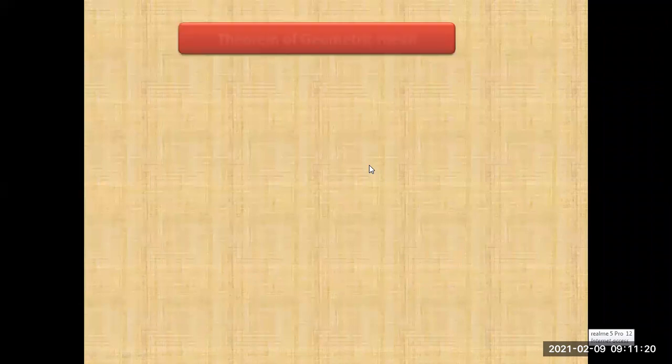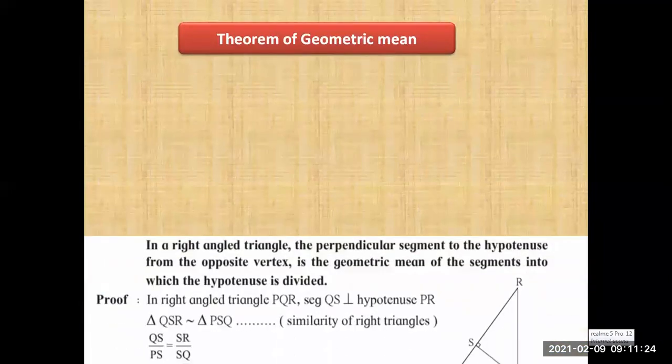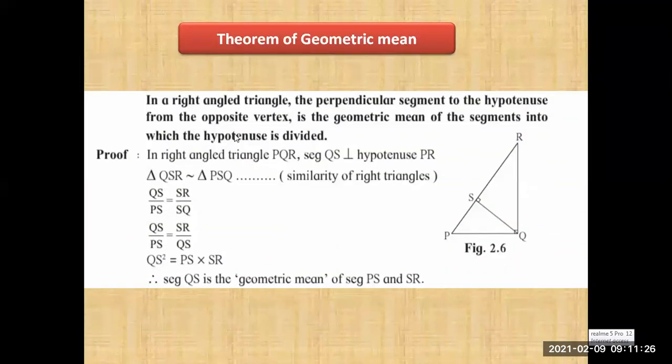Now next, again an important theorem, the theorem of geometric mean. See the statement. In a right angle triangle, the perpendicular segment to the hypotenuse from the opposite vertex is the geometric mean of the segments into which the hypotenuse is divided.